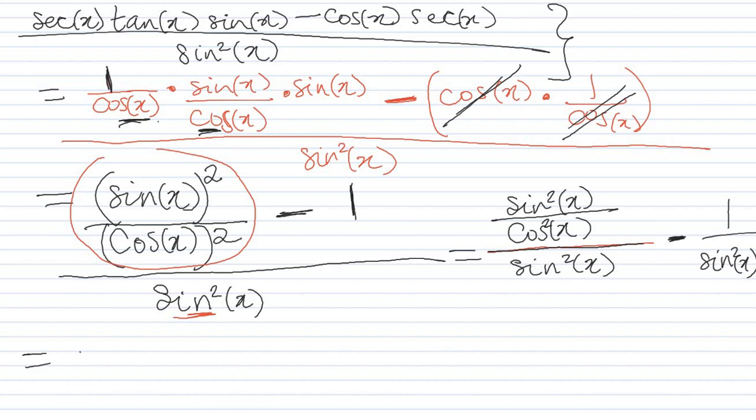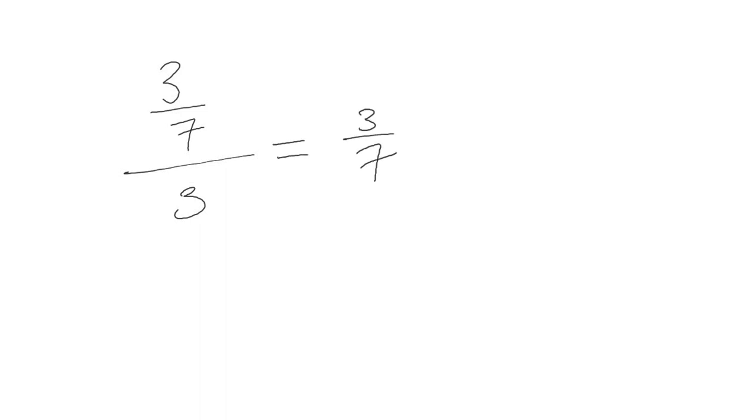Well, we can do the math that we learned since middle school. Sine squared x divided by cosine squared x, and all of that divided by sine squared x. One way we can do it, like we've been taught in middle school, is just like we have 3 over 7 divided by, say, 3. We can end up saying 3 over 7 multiplied by the reciprocal of 3, which is the same thing as 1 over 3.